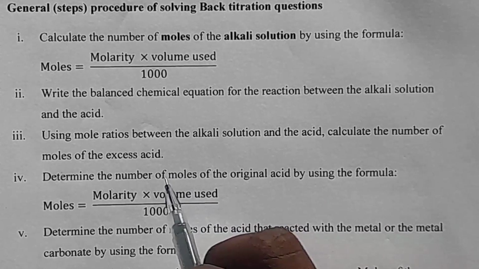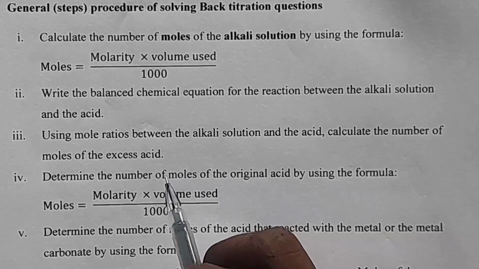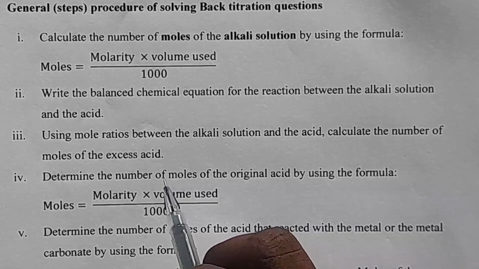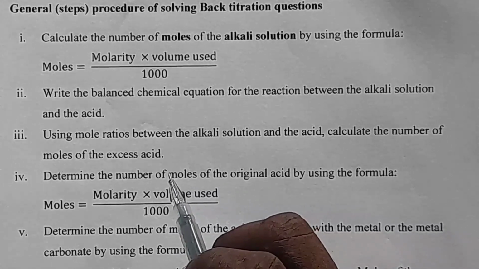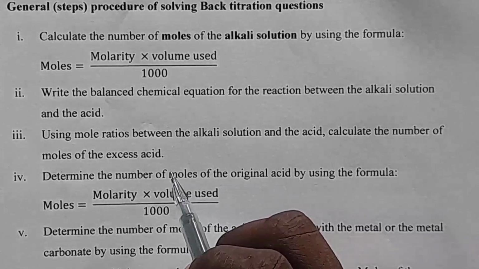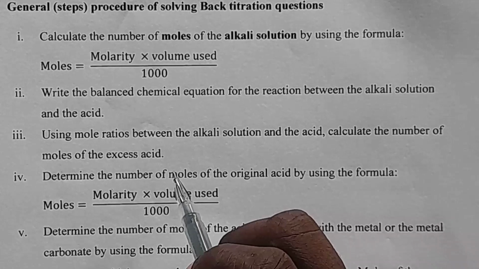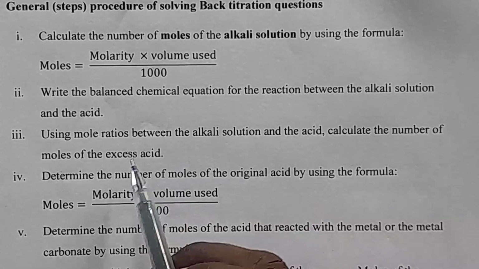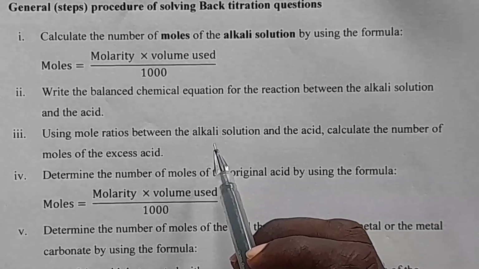Then the third, you are given an acid. So what they will tell you first is you take the acid and react it with all the metal because the acid is in excess. So that means the excess acid will be titrated, or neutralized, by the alkali solution. So what is the excess acid? It is the one that reacted with the alkali solution.